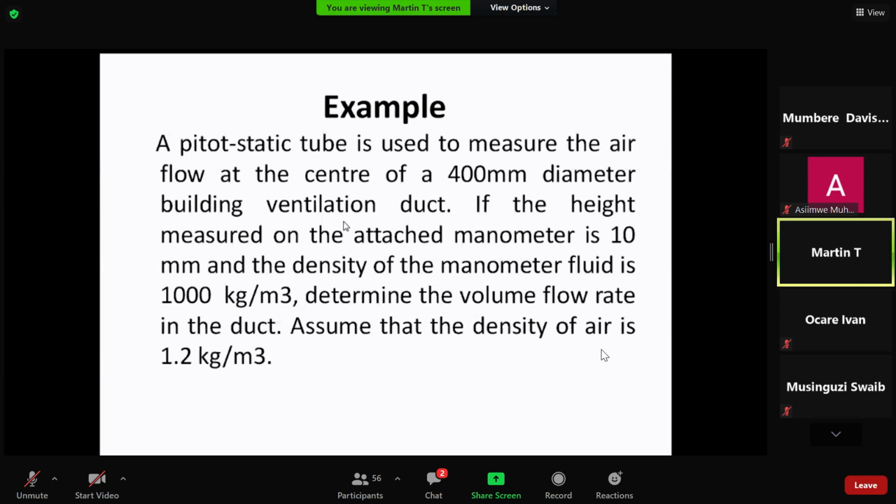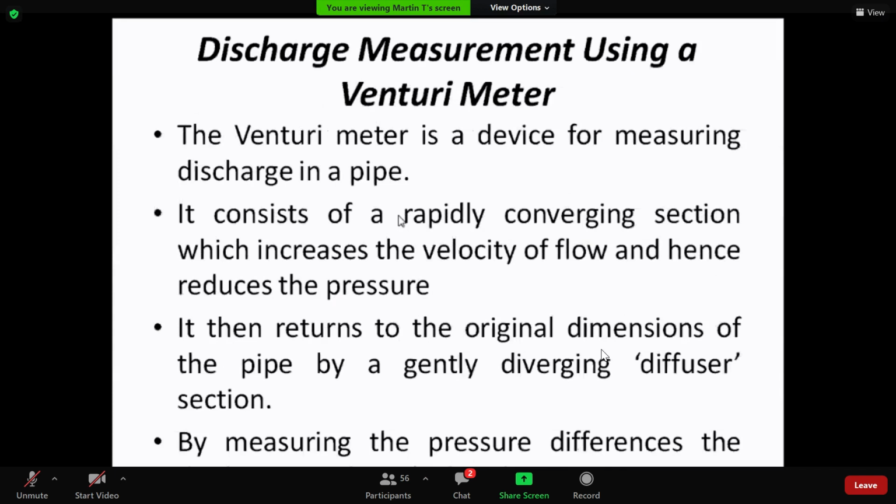Okay, so let's proceed. Let's look at venturimeters.